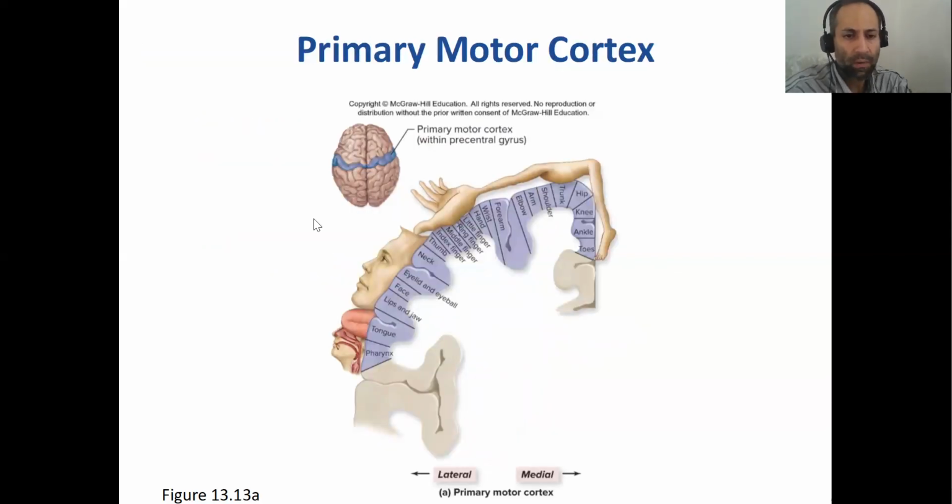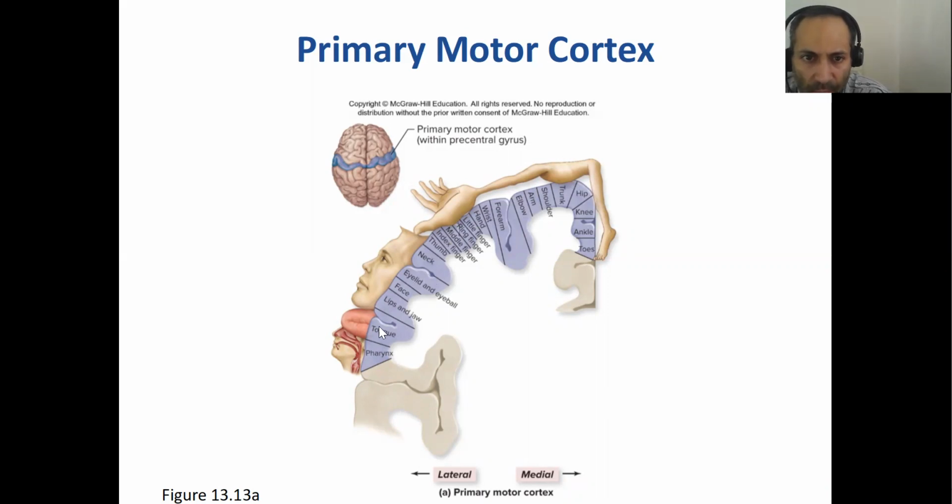All right, let's talk about the primary motor cortex as we see here in this picture. What we are looking at here is something called the motor homunculus. Basically, here is your primary motor cortex, which is your precentral gyrus.